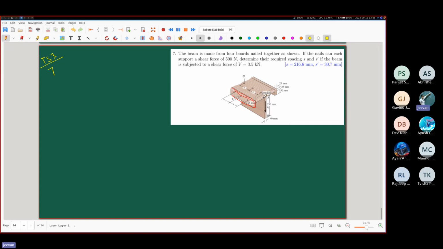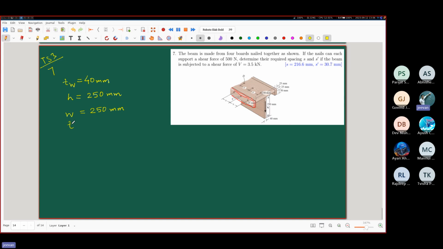This is the web. This is a proper web. So TW, how much is that? 40 millimeter. The height of this web is how much? 250. What is the width of that flange? Width is 250.